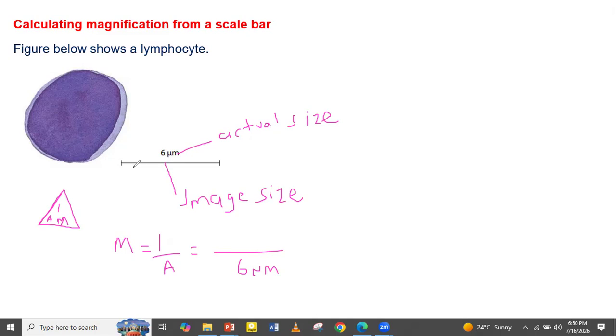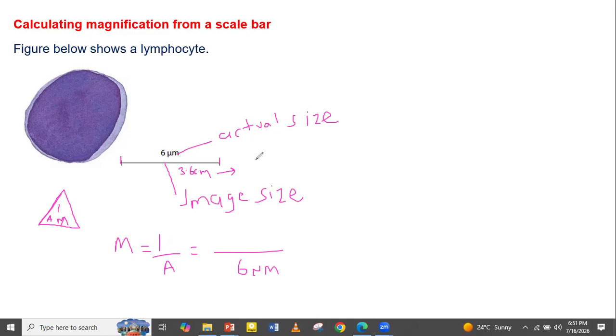For me to get the image size, I'm simply going to get a ruler and place it along this line, and I measure this line from this point to this point. So get your ruler, measure that line. Assuming you measure that line, and maybe the line is 3.6 centimeters. That means that the image is 3.6 centimeters. Remember, this value written close is simply the actual size. So change the 3.6 centimeters to micrometers, because we are using micrometers, which will be 3.6 times 10,000.